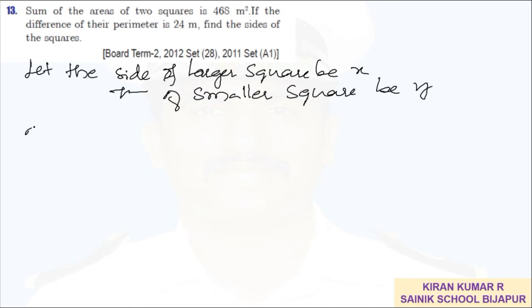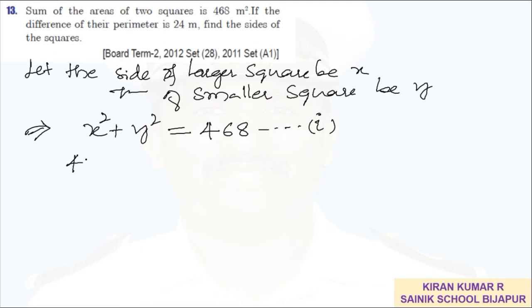According to the condition, they have given that x square plus y square, the sum of the areas, is 468 meter square. Let this be equation 1. And they have also given that the difference of their perimeter, which is 4x minus 4y, is 24 meter. Let this be equation 2. Let me rewrite this.